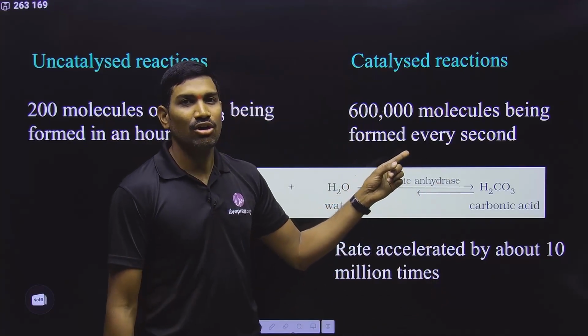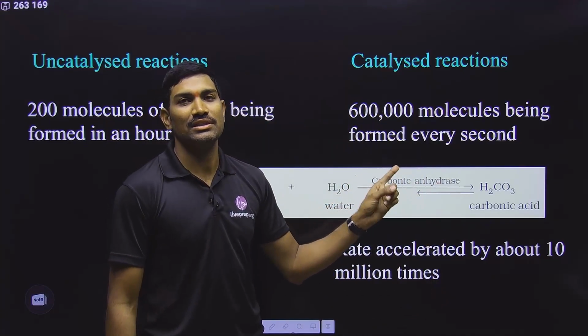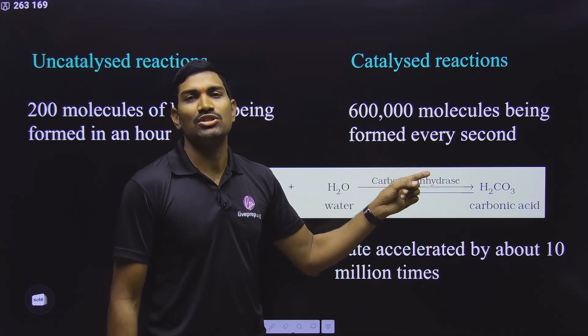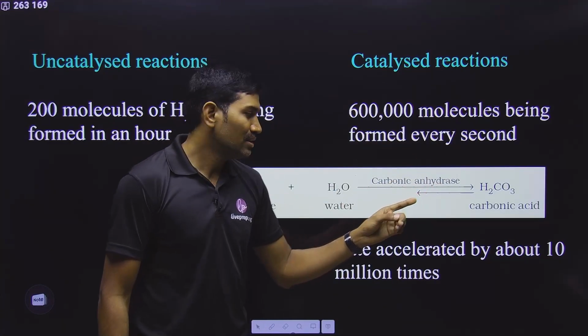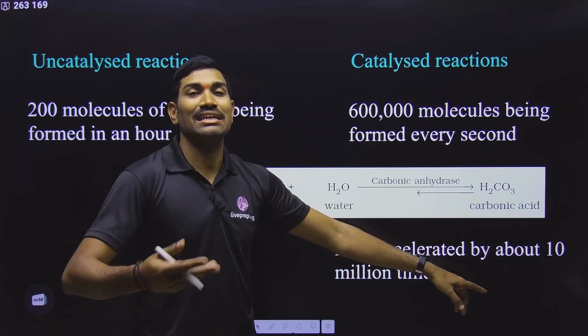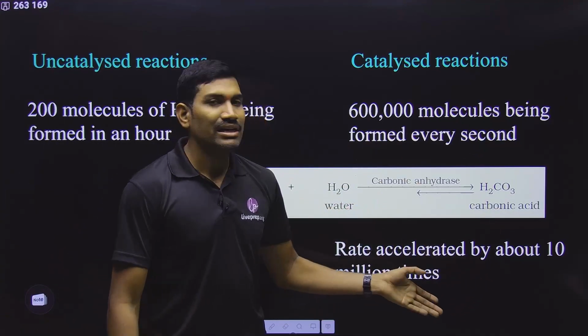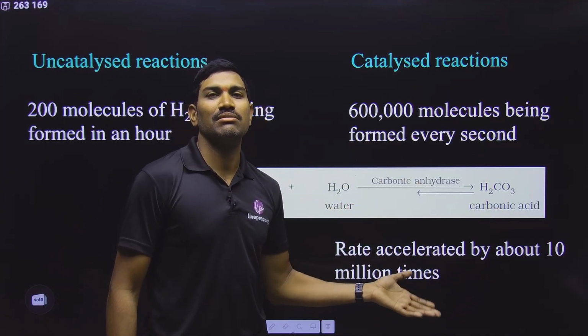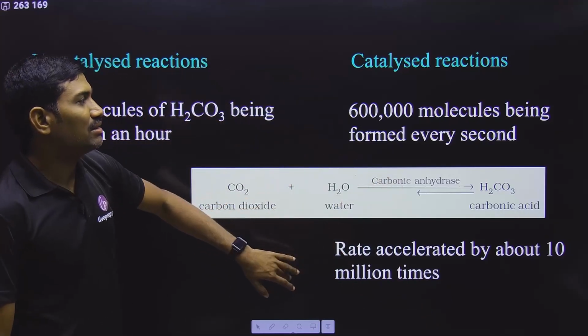Now you can understand how fast the reaction is in the presence of enzyme. This is the power of enzymes. Clear? The rate of reaction is accelerated by almost 10 million times. This is one example given in NCERT.